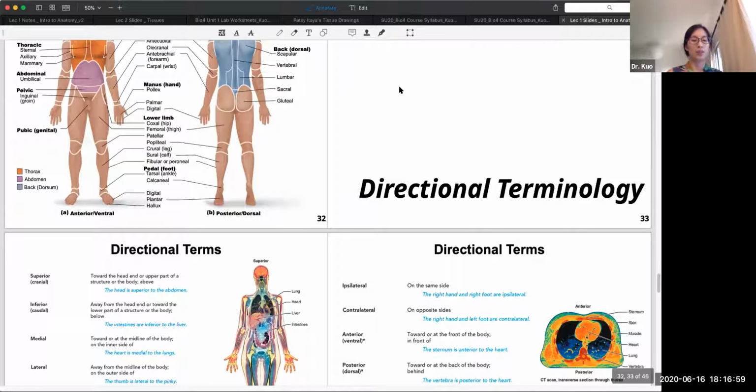Medial and lateral: you have to imagine a midline down the center of your body. Closer to that midline is going to be medial. Away from that midline is going to be lateral.